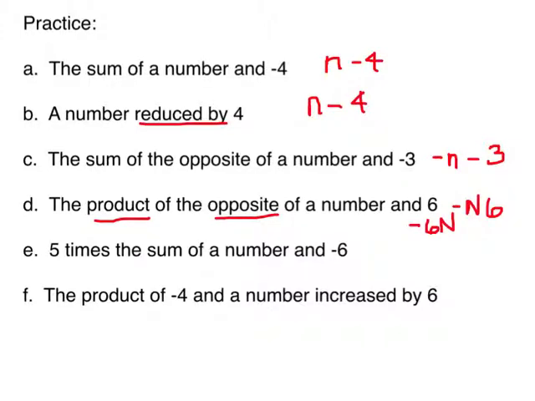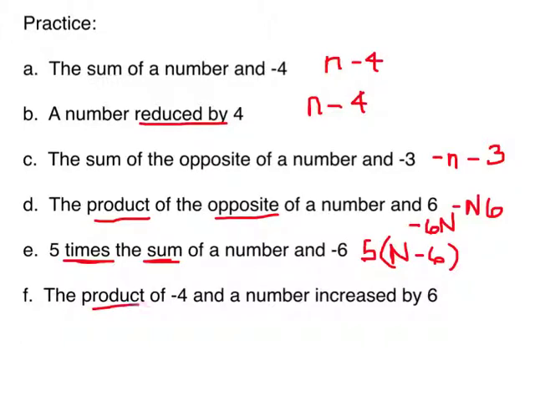Okay. E, 5 times the sum of a number and negative 6. So if I have a number and negative 6, but I need 5 times that, I'm going to put it in parentheses because that 5 is going to have to distribute over both of those.